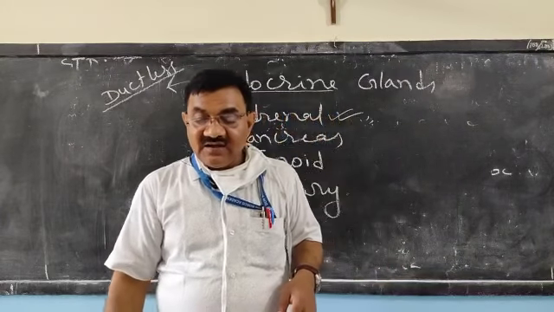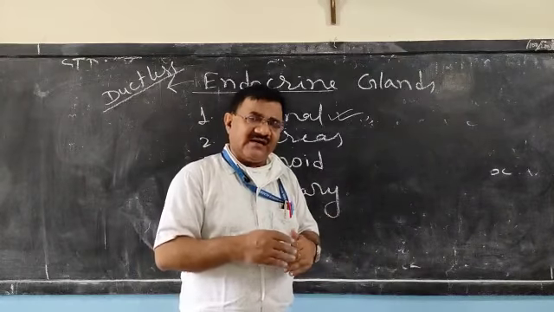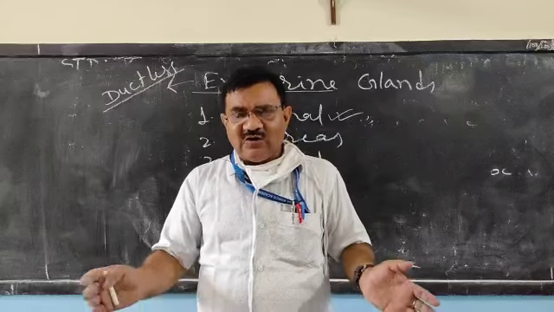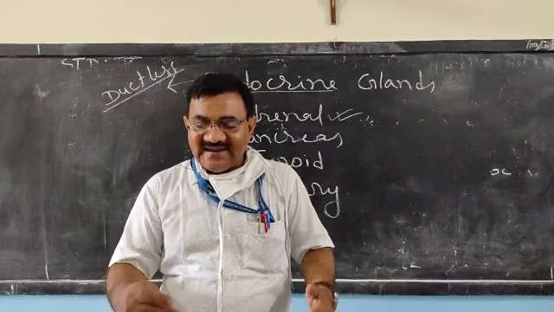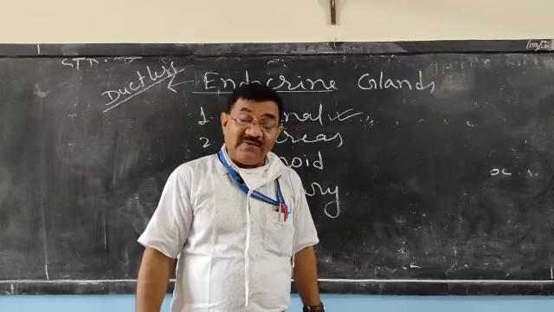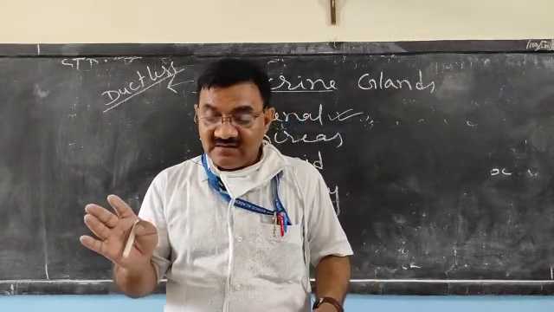The next disease is cretinism. Cretinism is the disease of children, in which growth will not take place properly and mental retardation will be there. And myxoedema is the disease of adults.